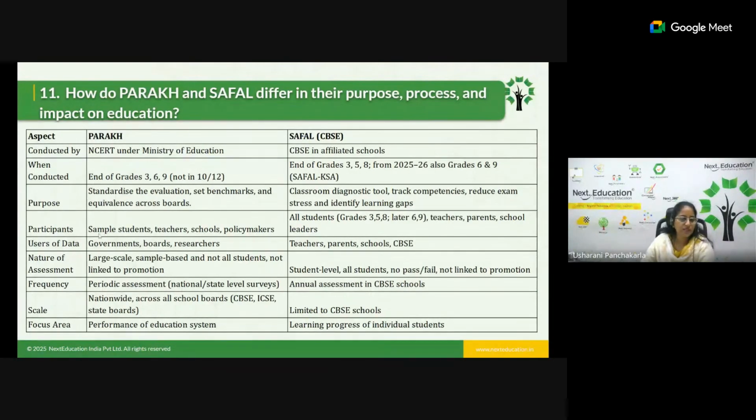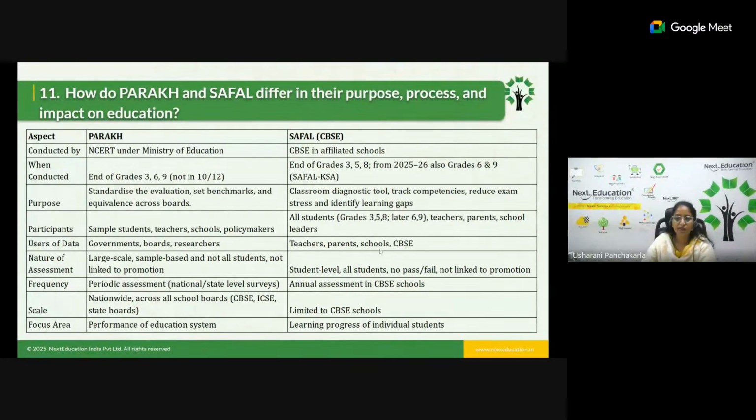Participants are sample students, teachers, schools and policymakers, and for SAFAL all the students of these grades, teachers, parents and school leaders. Users are governments, boards and researchers, to analyze where the student stands, how to improve our education system and reform it, and give quality education to the citizens.